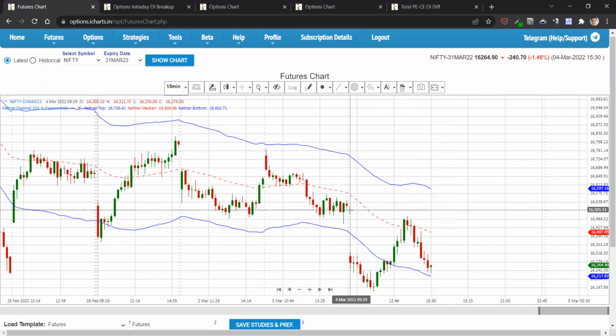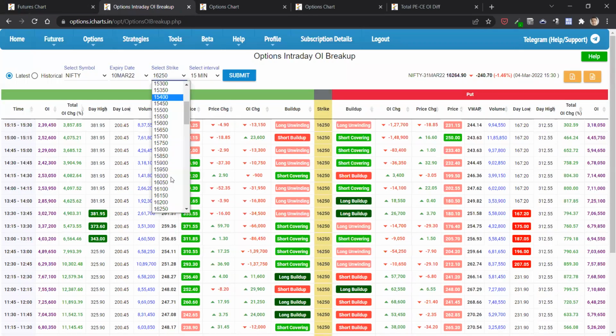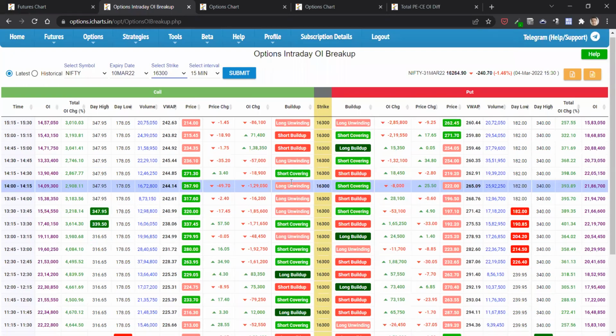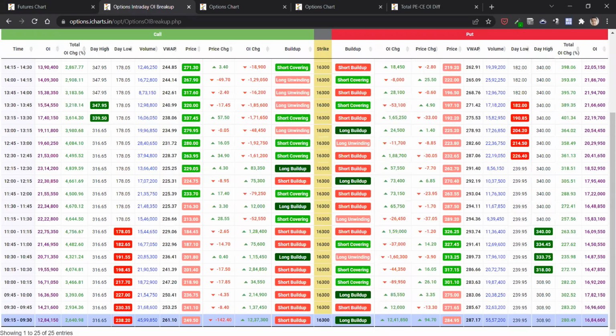The first 15-minute bar closed at 16,276 futures. The nearest strike was 16,300, so I'll take 16,300 at the money, 15 minutes, 10th March expiry.